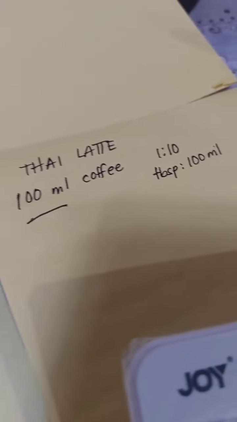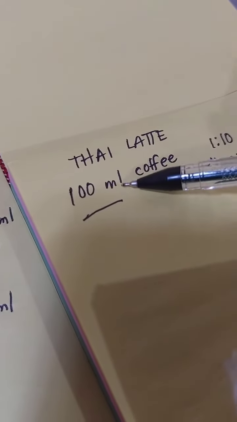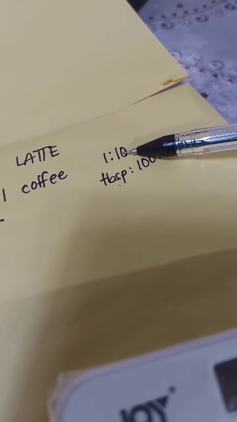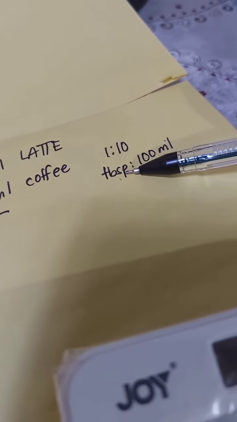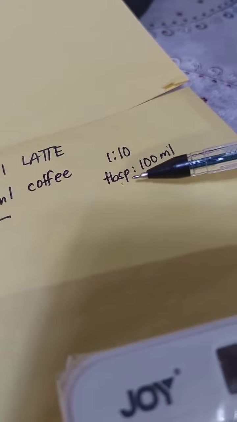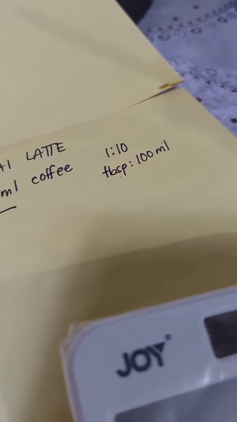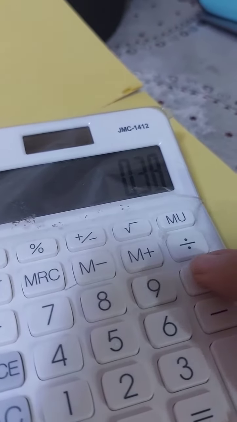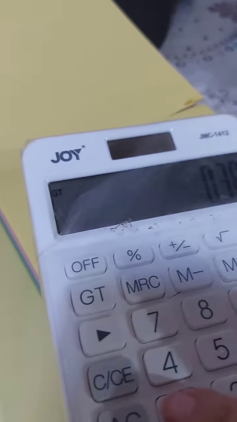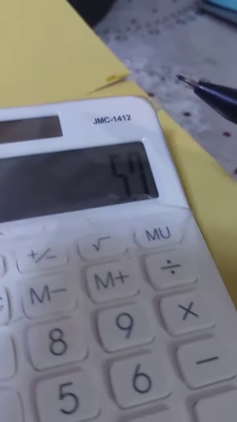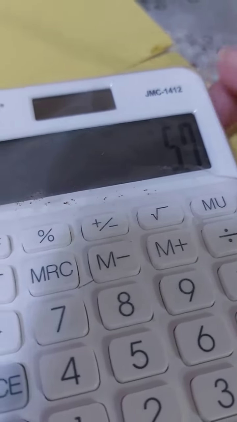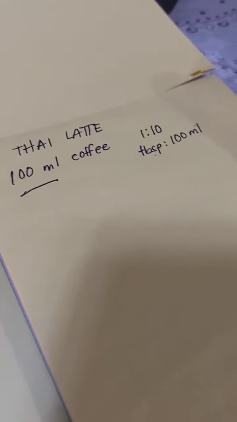And what we've used is just 100 ml coffee, and that would be 1 tablespoon. And 1 tablespoon, you can actually just search on Google on how many grams per tablespoon, but that is approximately 15 grams. So this 38 cents, you just have to multiply to 15 grams. So that would be, your cost for the coffee beans is 5 pesos and 70 cents. So let's put it here.